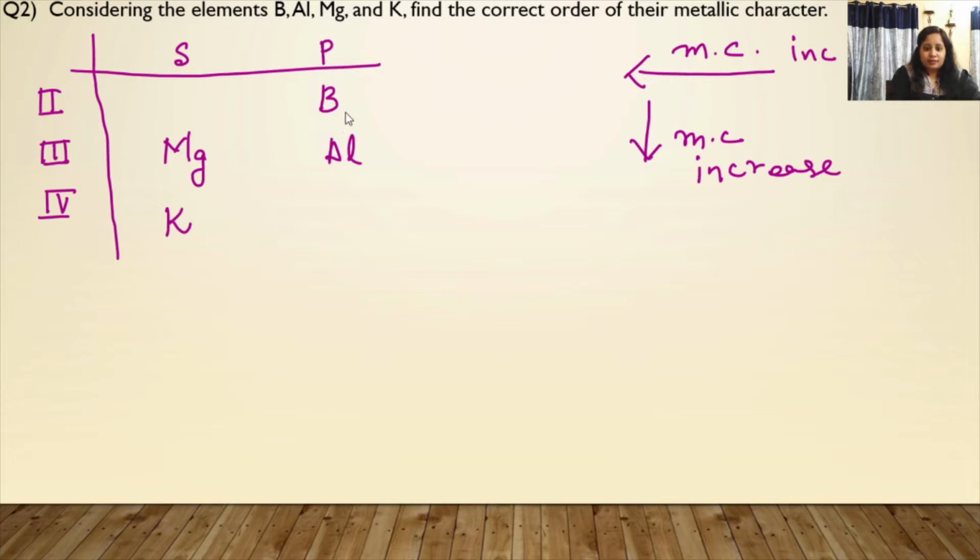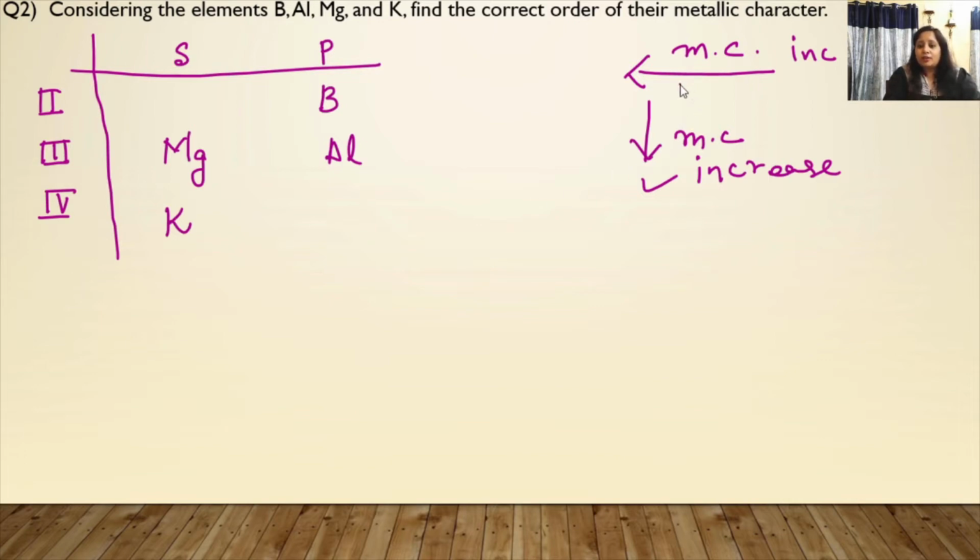So let's see what will be the scene from p to s block. It means s block elements will be metallic comparatively to p block. And in the s block itself, potassium will be more metallic than magnesium according to this rule, which is just opposite to the electronegativity.